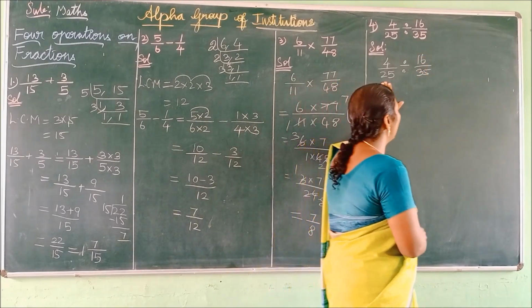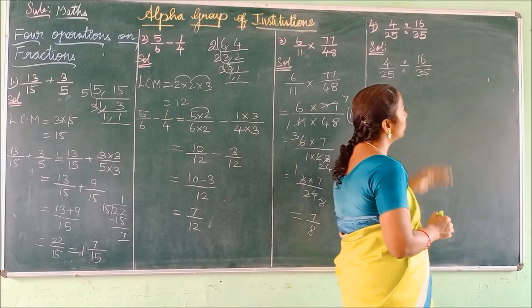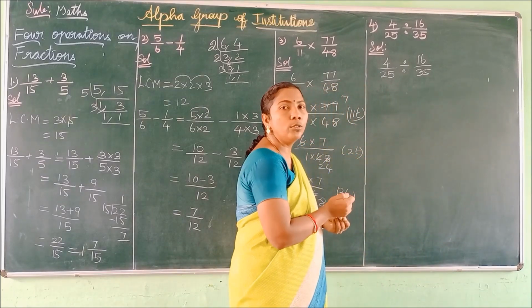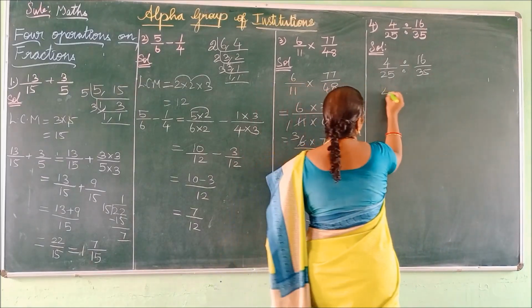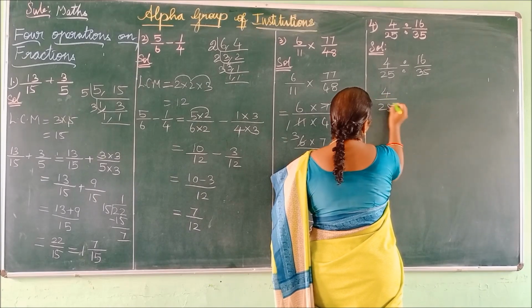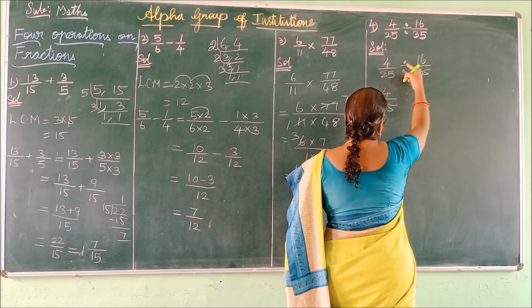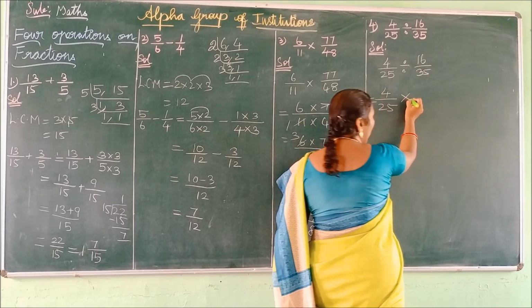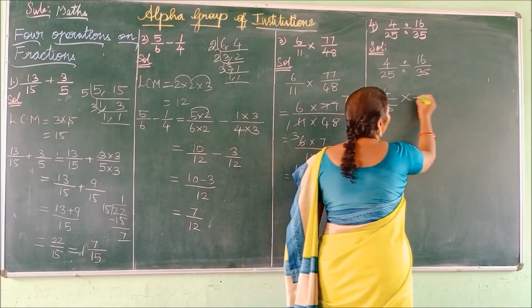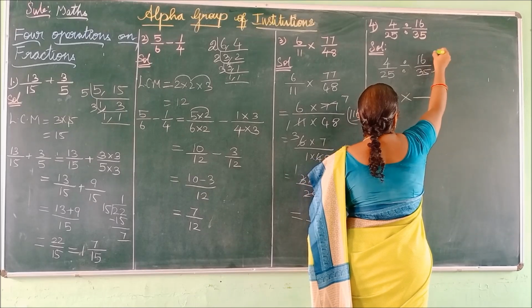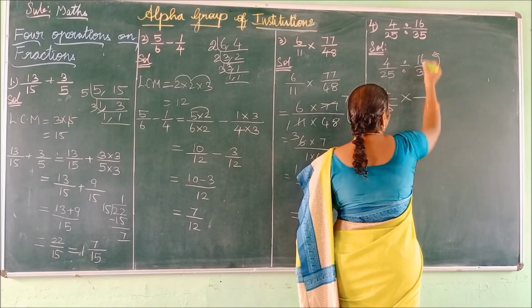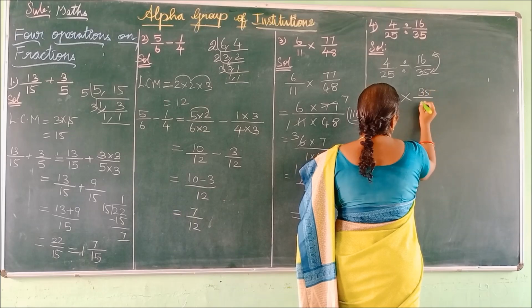This is the first fraction, this is the second fraction. So at the same step you have to convert this divide into multiplication by taking the reciprocal of the second fraction. So 35 by 16.